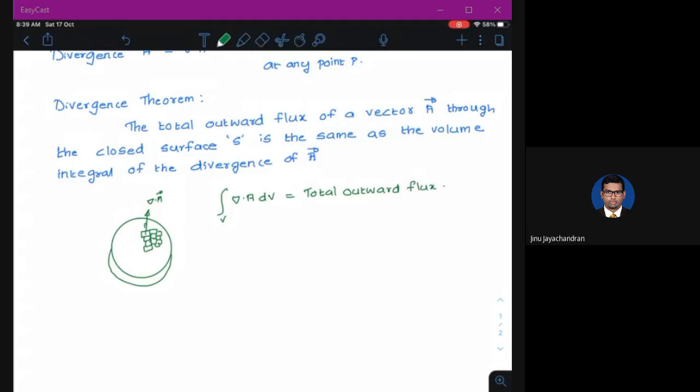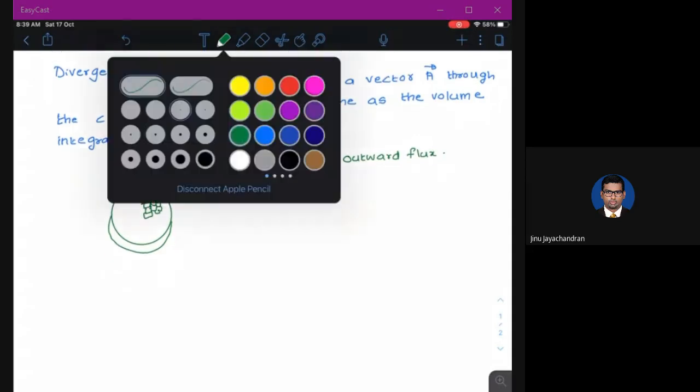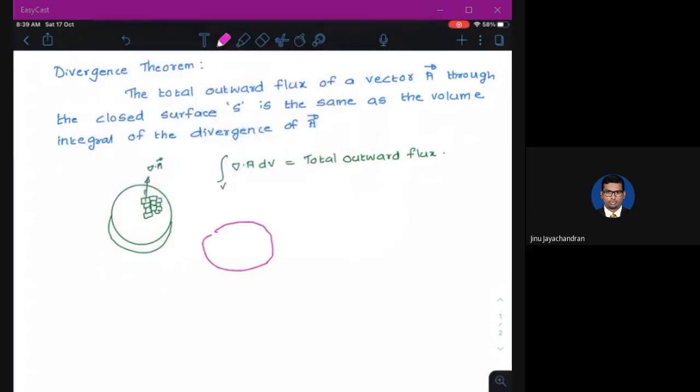Along with this, we have seen in surface integral, if you consider a surface, okay, this is a surface, it's not a volume. And if you consider a small strip like this, the net outward flux of the vector A through the surface of a strip dS was the integral over the surface of A dot dS.